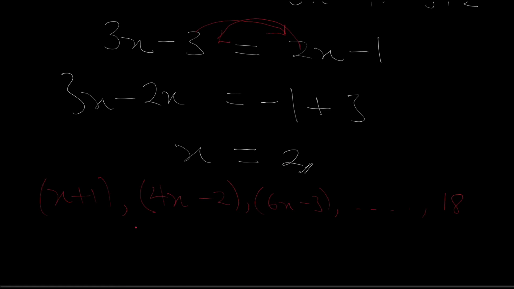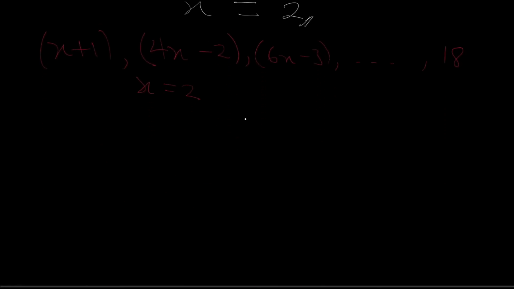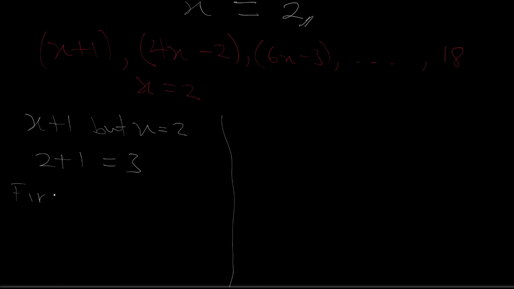But we know x is equal to 2. So our first term becomes x plus 1, but x is equal to 2. So 2 plus 1, which is equal to 3. So our first term is 3.